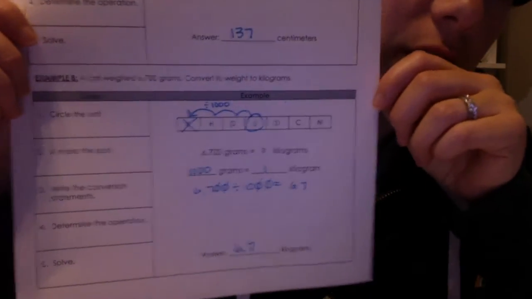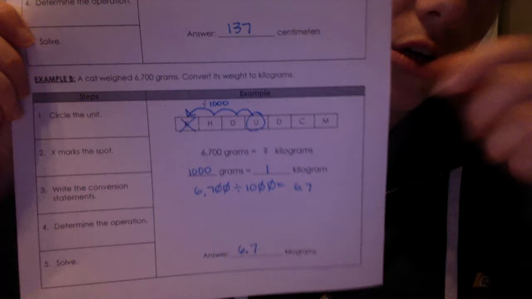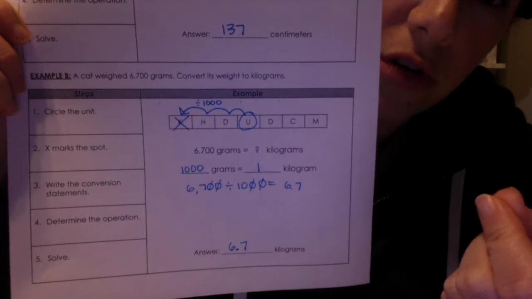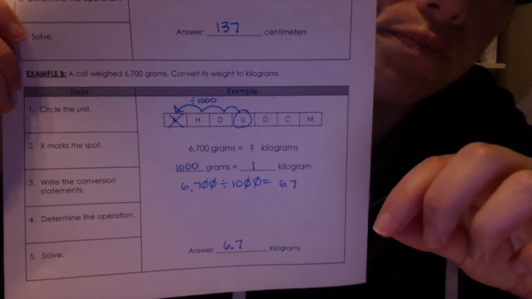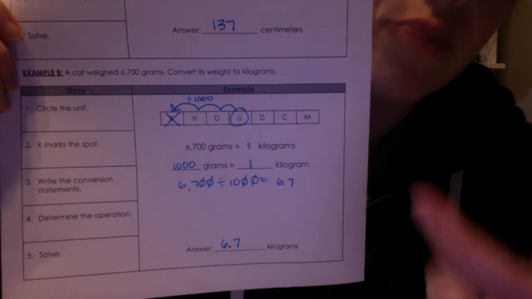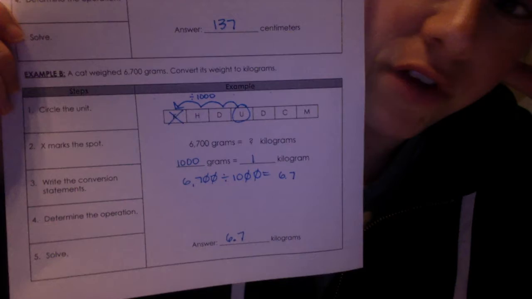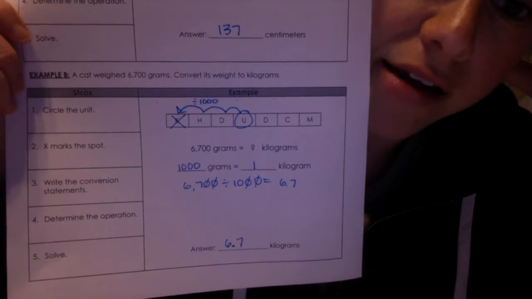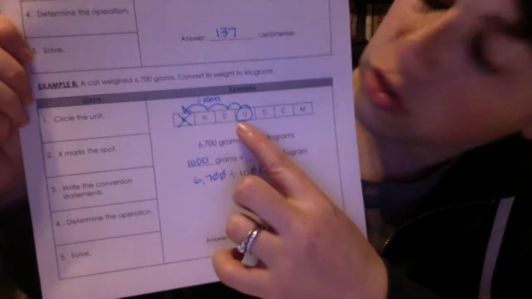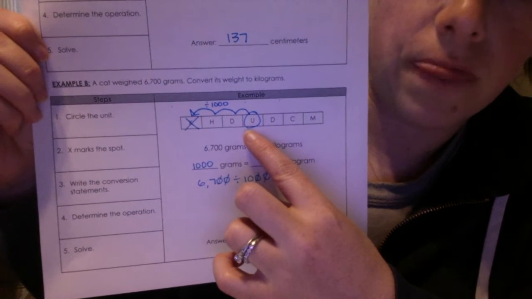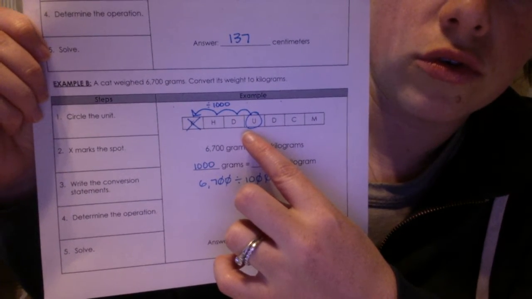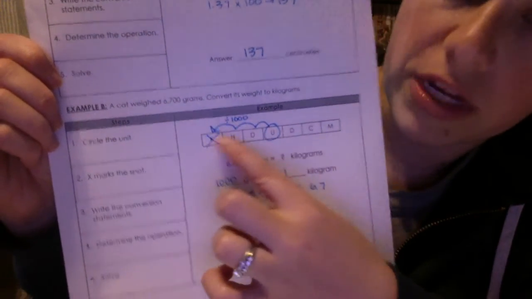Next one, let's try the other way. We did multiplication in the first one because we were going from a bigger unit to a smaller unit. This time we're going from a smaller unit to a bigger unit, which means we're going to have to divide. So we're starting at 6,700 grams, which is the weight of a cat in this problem. We circled where we're starting, which is the home base unit, and we're going to kilograms, which is this way. 3 hops, 1, 2, 3.